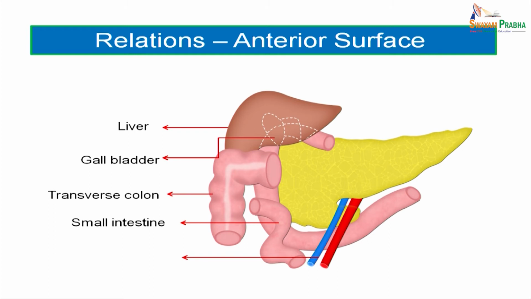So, to repeat, we have the liver, gallbladder, the transverse colon, the small intestinal coils and the superior mesenteric vessels. All these structures are related to the anterior aspect of the duodenum.